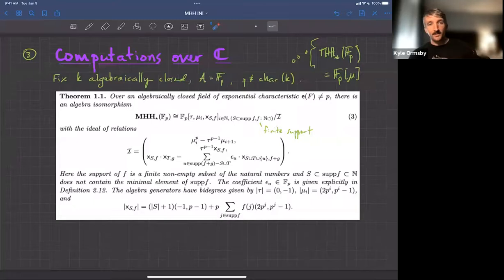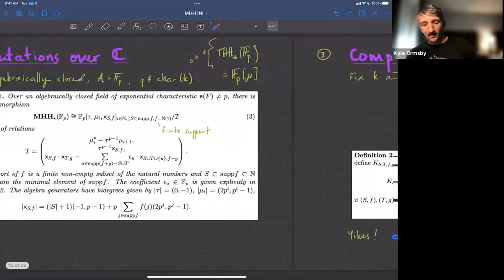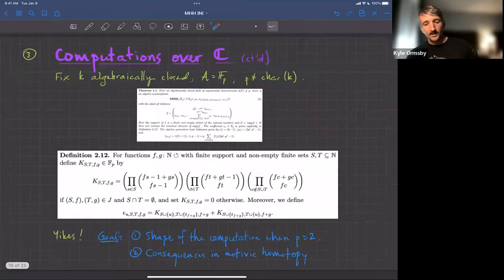I didn't have space on this slide to include the definition of epsilon u. That's here, so I just shrunk what we were looking at. And here is the definition of epsilon u. So we have this kind of wild product of binomial coefficients, and then we define epsilon u in terms of some sum of those products of binomial coefficients.